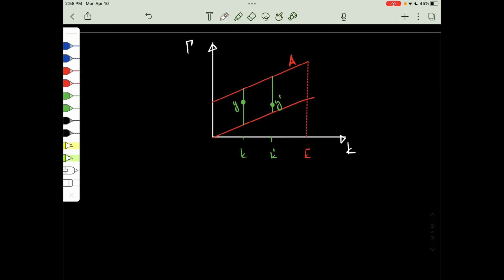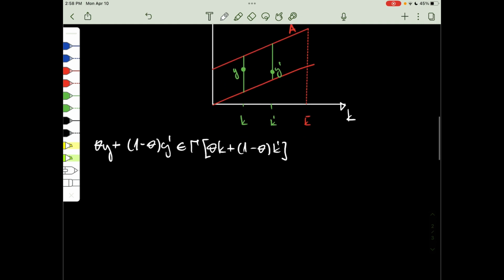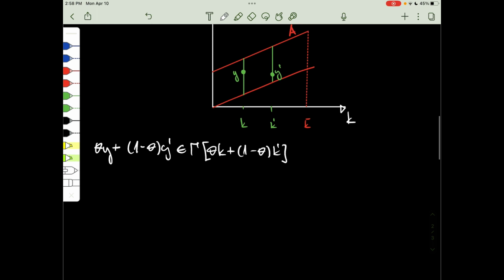What we need to show is this. What I'm writing now is not new. It comes from the definition of convexity of gamma according to our textbook. So we need to show that this is true.